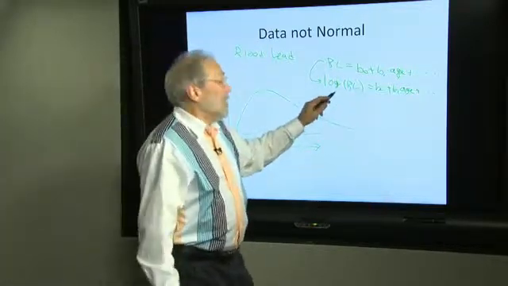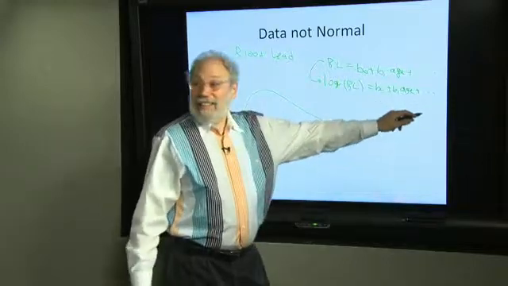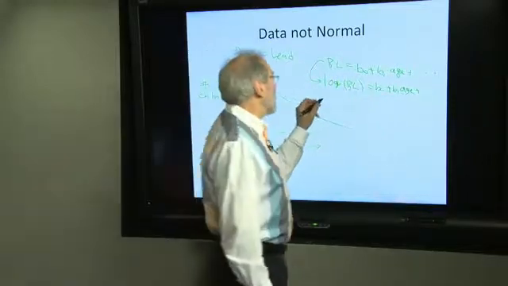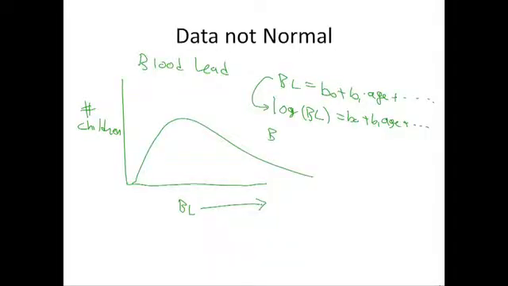Because if I say the log of blood lead is equal to that, then if I exponentiate both sides, this model says that blood lead is e to the b0 plus b1 age, plus, let's say, e to the b2 times sex, times etc., right?